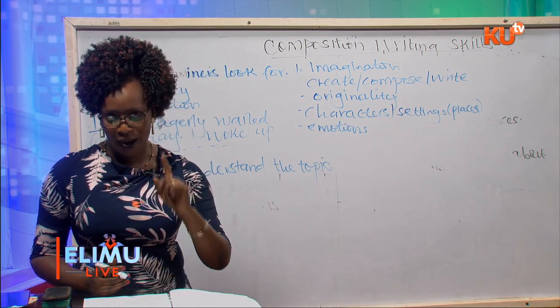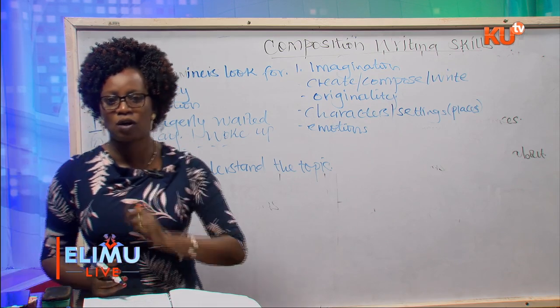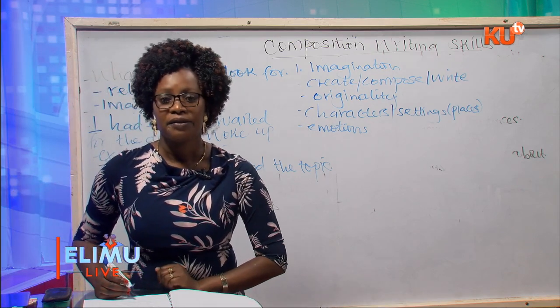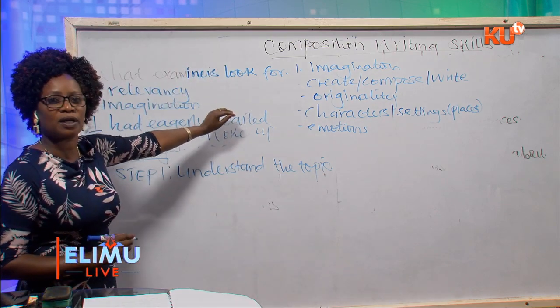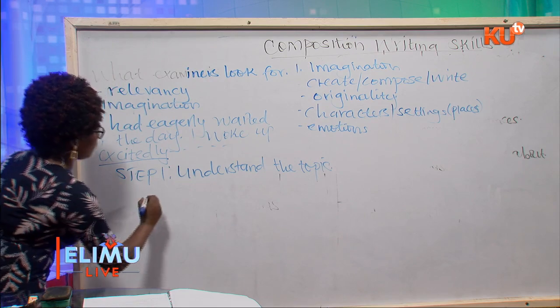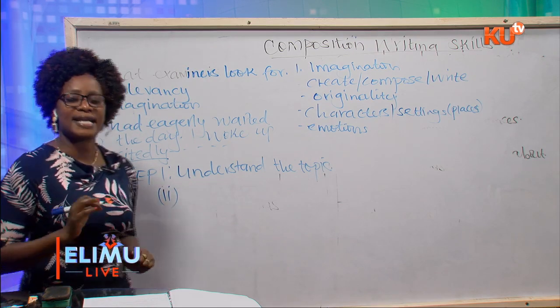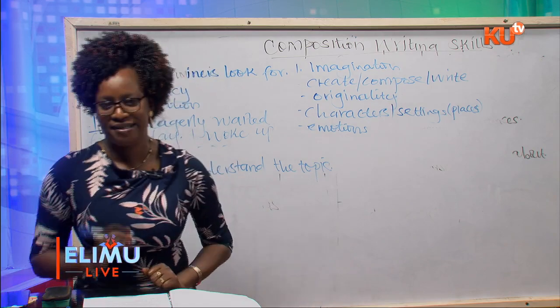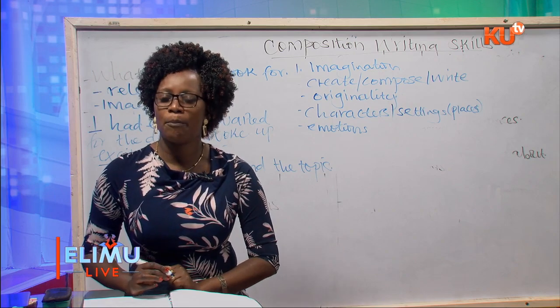So step one of being imaginative is understanding the topic of the story. Number two, after you understand the topic of the story, step two, you are going to create a storyline. What is a storyline? And I can also call it plot.